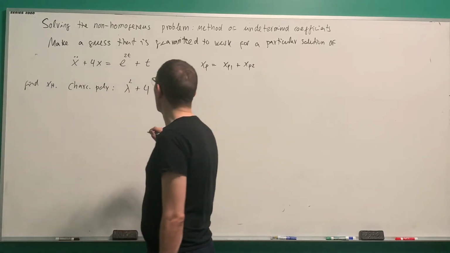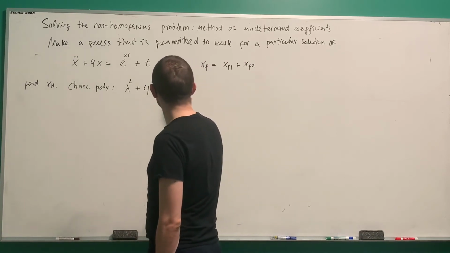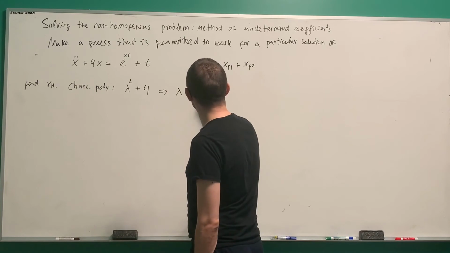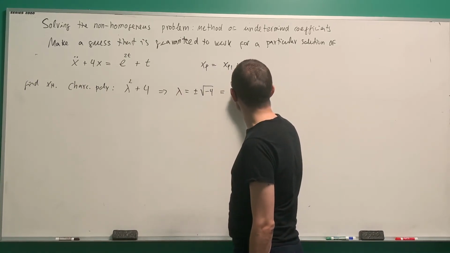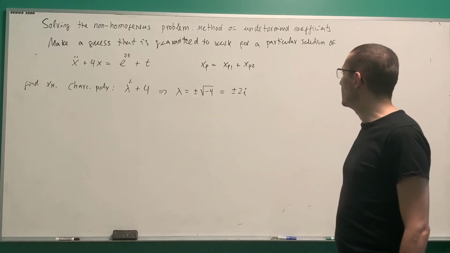And then we see that in this particular case, lambda squared plus 4, the solutions are that lambda is equal to plus minus the square root of minus 4. Okay? So then what we have here is lambda is equal to plus minus 2i. All right?